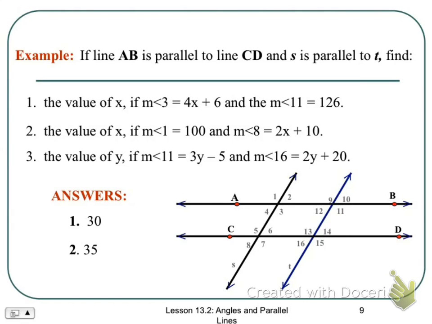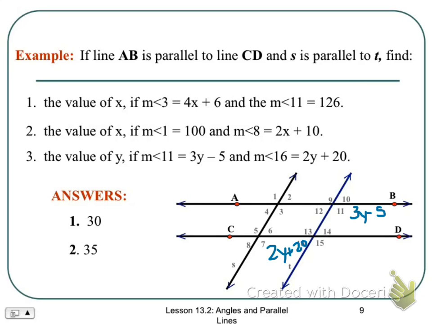The final example with these lines. Find the value of y if the measure of angle 11 is equal to 3y minus 5, and angle 16 is equal to 2y plus 20.